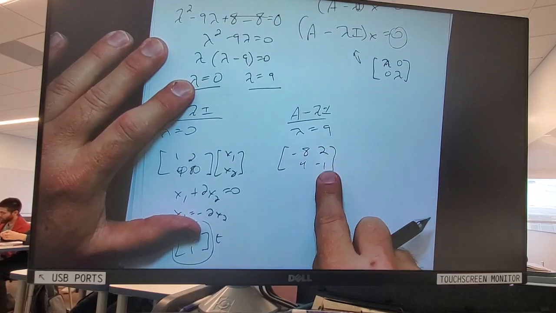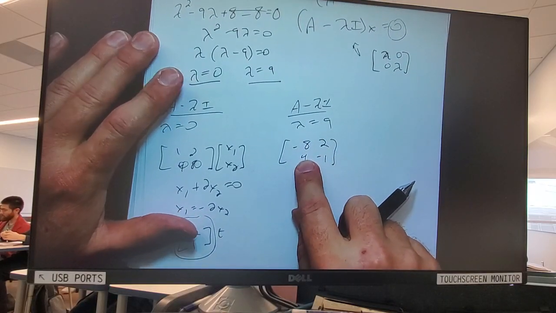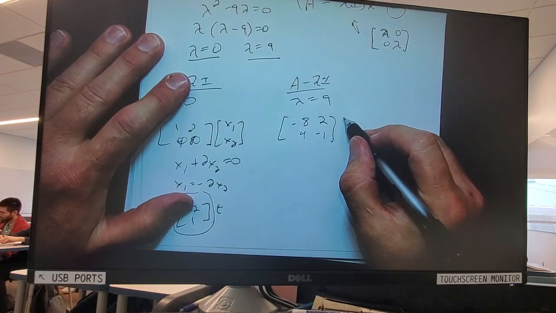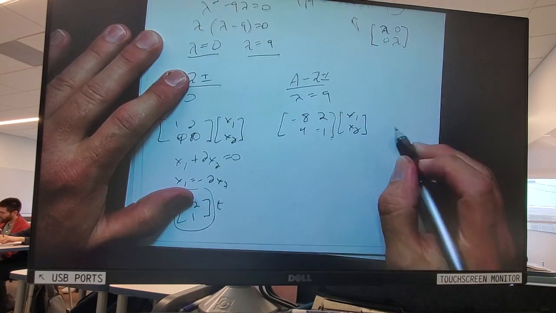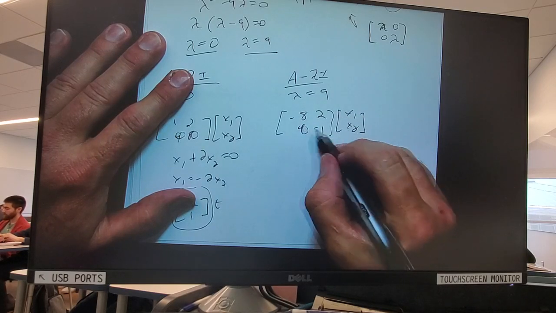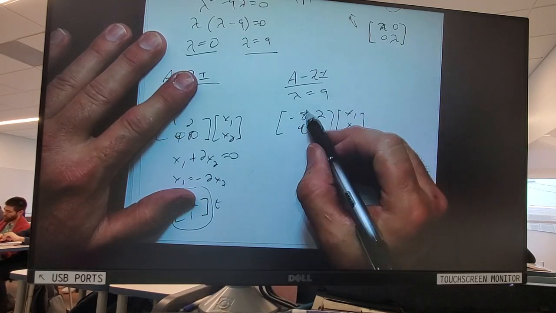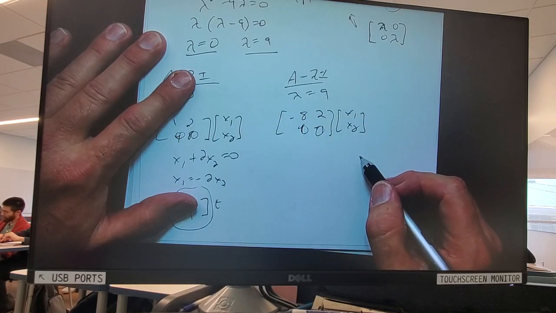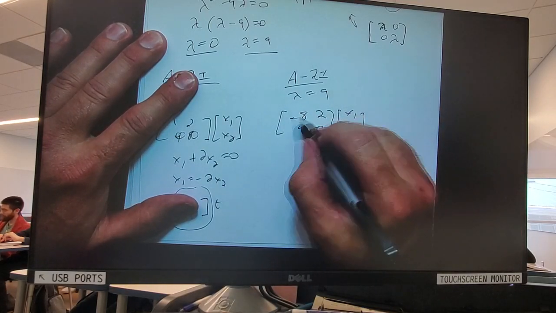So these have to be dependent. That's what kind of started this whole thing off. So again, I can do it whatever way you like to do it. If I row reduce this, this would become 0, 0, yes. And this would become, whichever way you want to do this. How did I do it? Oh, I did it like that. So I can make this 4, -1.